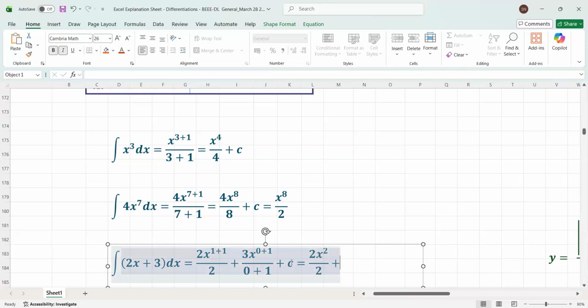Then on the right-hand side, I'm going to have 3x raised to the power 1, all divided by 1. Anything divided by 1 will give you itself. So this should be your x squared plus 3x.